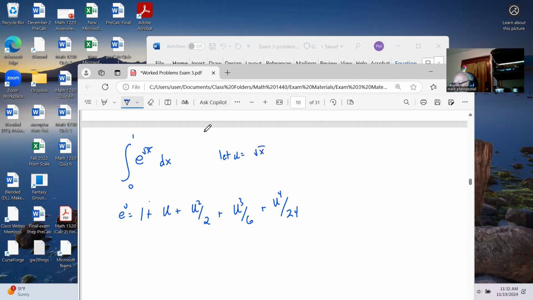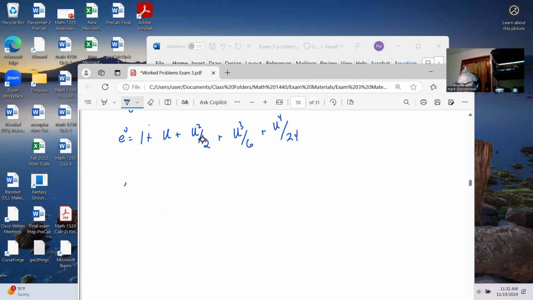So e to the square root of x is equal to 1 plus the square root of x plus the square root of x squared, that's just going to be x over 2, plus x to the 3 halves over 6 plus x to the 4 halves over 24.